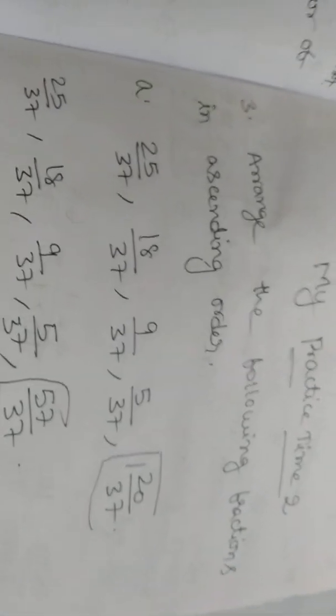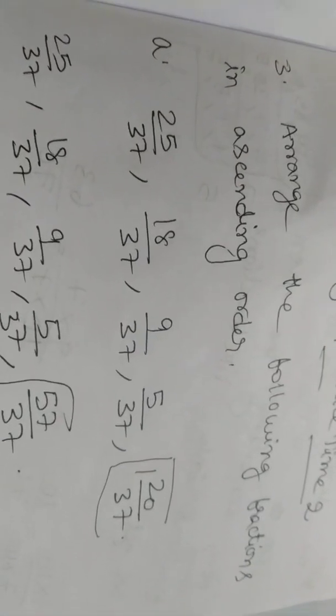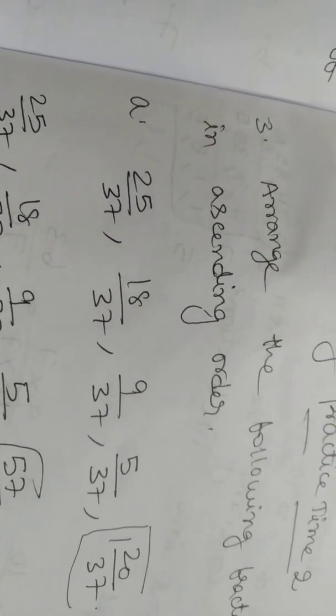See here, arrange the following fractions in ascending order. So third section, because here we can compare the following fractions and fill in the boxes with less than, greater than or equal to sign. Do this one. Okay. How will you do?